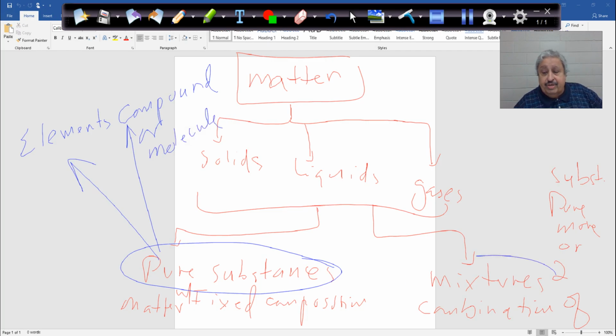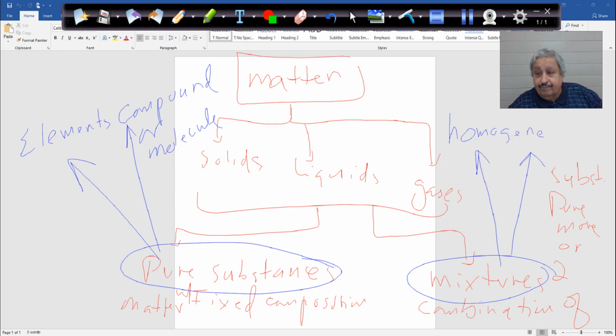And for the mixture here, I can designate two types again: homogeneous mixture and heterogeneous mixture.